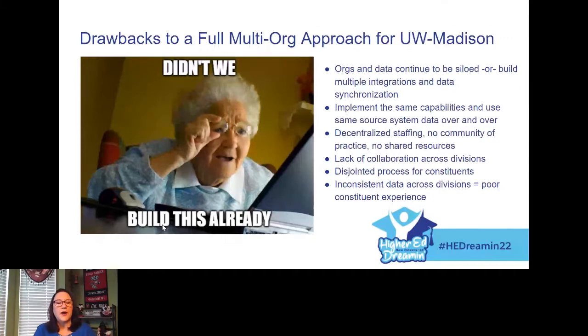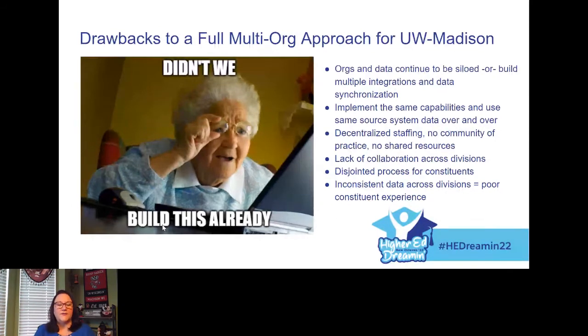This would also probably lead to decentralized staffing. And one of the things that we would really like to have is more of a community of practice. So we'd really like to have all of our Salesforce administrators and business analysts really working together. They don't necessarily have to be in the same department, but we want those dotted lines and we want that collaboration. And if we have 20, 30 plus orgs, that might be a challenge.